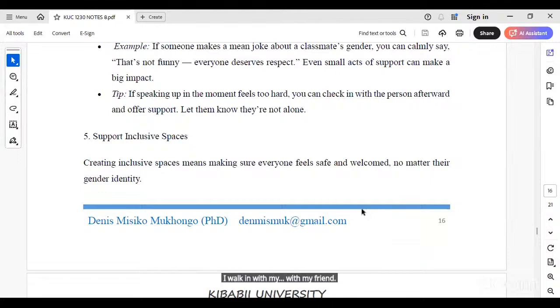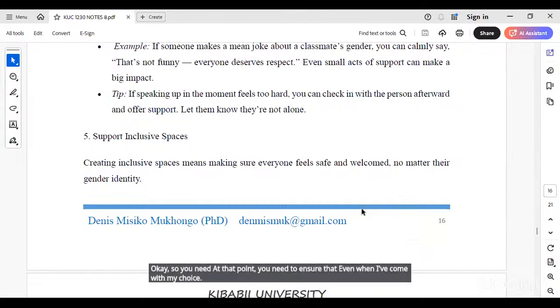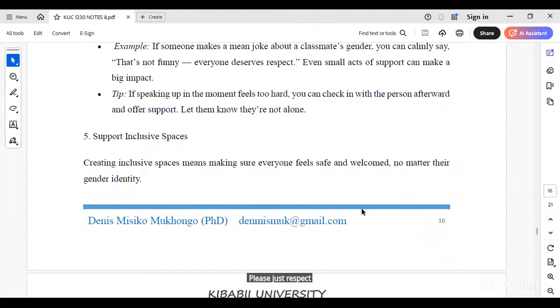Okay? So you need, at that point, you need to ensure that even when I've come with my choice, please just respect it. Include us. Because no matter my identity, let me feel included. Let me feel supported. Sio kwamba nikifika na mnasema ai, wewe kwani ni nini bwana? Wewe umekuja na nani huyu?